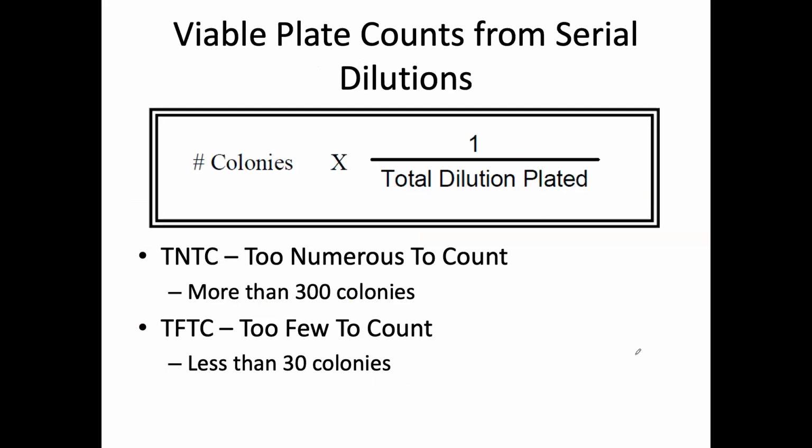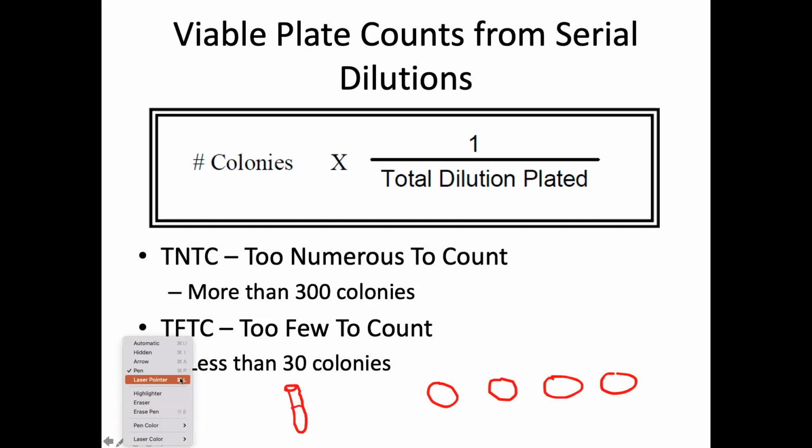Plate counts. So the idea here is that you get to a plate on a dilution series. Remember that when you're doing this, you have a series of plates with media in them, and then you go from a liquid culture in a test tube. So we'll make a good color for bacteria.